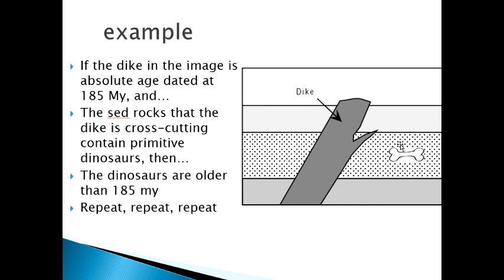So if you have a fossil like this, here's a dinosaur bone in this rock, and it's cut this way, I can't tell you exactly how old this bone is, but I can say that it is older than this rock that cuts across it.